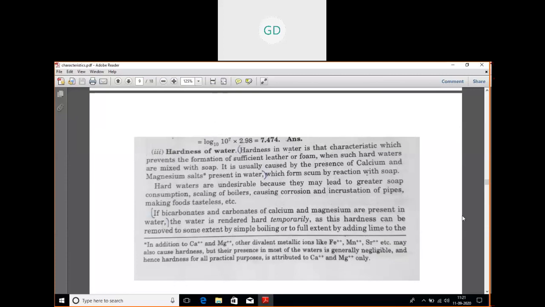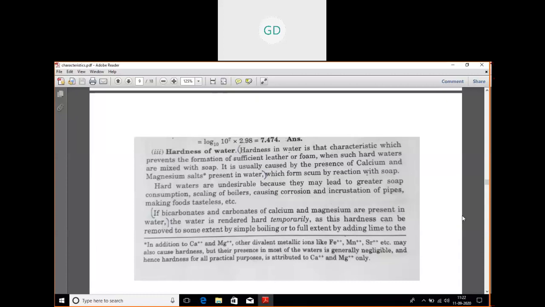What it actually means is that when you mix water with soap, it should form some foam. It should create sufficient foam or lather.